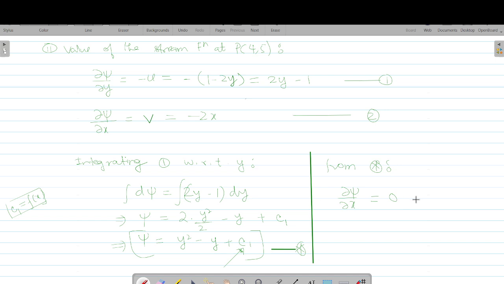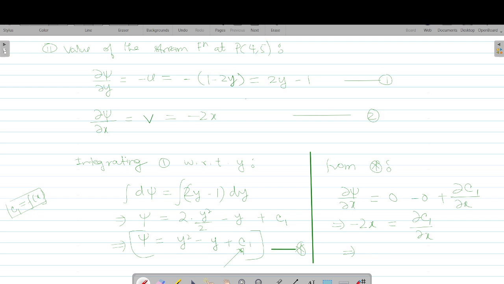So 0 minus 0 plus dc1 with respect to x, right? So from here you can write that d psi dx is equal to negative 2x. So you can put the value of negative 2x here, and you will get dc1 over dx. So from here you can very easily find the value of c1.